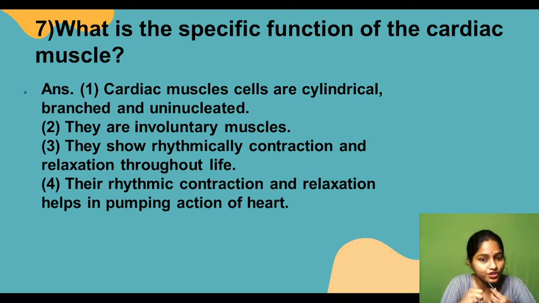We cannot control their function, and they show rhythmic contraction because our heart beats, right? It pumps the blood. So rhythmically it contracts and relaxes. Their rhythmic contraction and relaxation helps in the pumping action of the heart. It pumps the blood. So how? These muscles only help them to contract and relax.